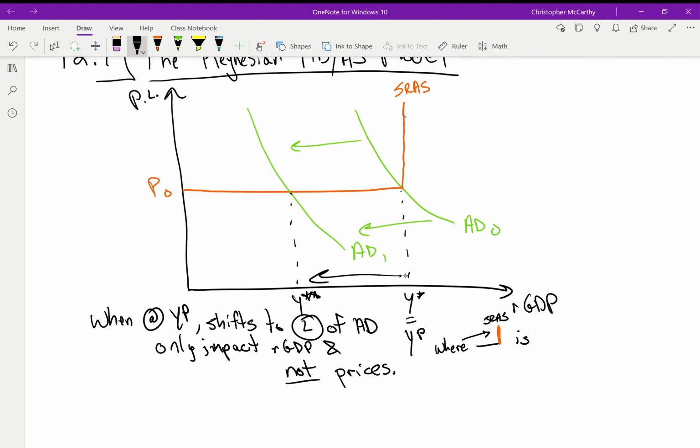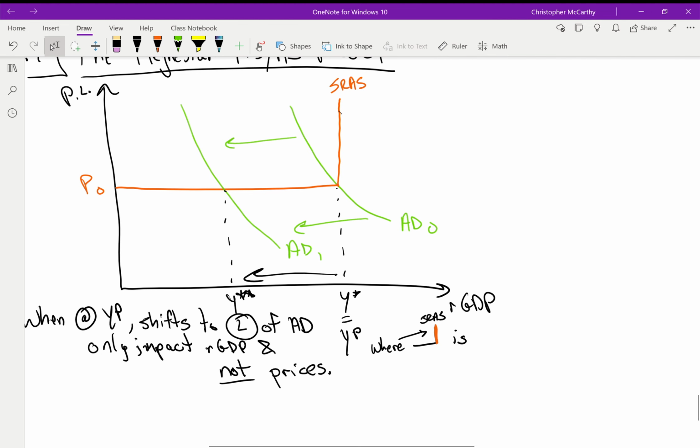What if we are at potential real GDP and there's a shift to the right? If we are at potential GDP and there's a shift to the right, then there's only going to be increases in the price level, and there's going to be no change in the output.